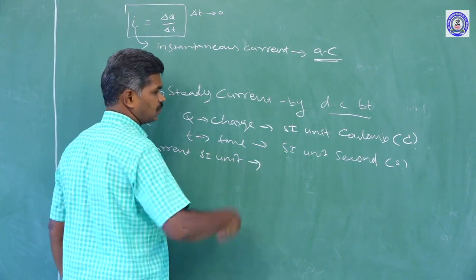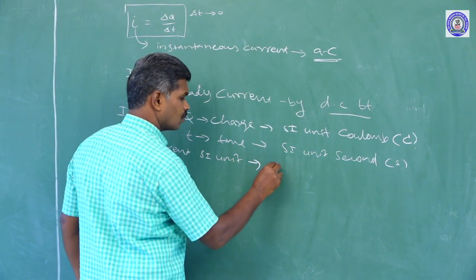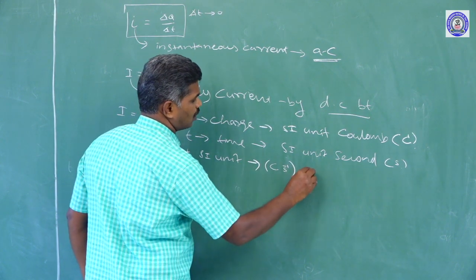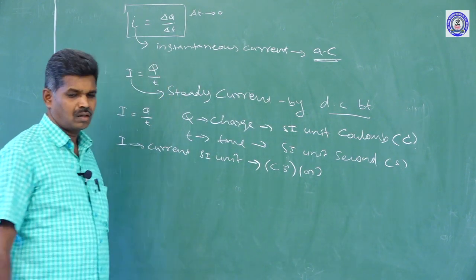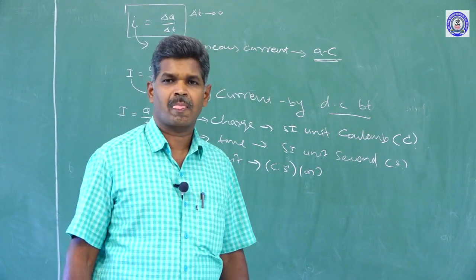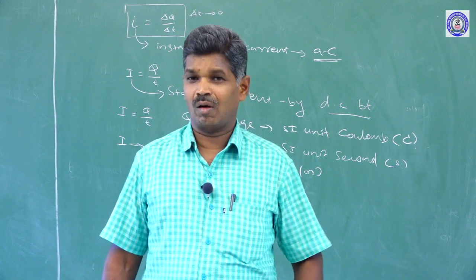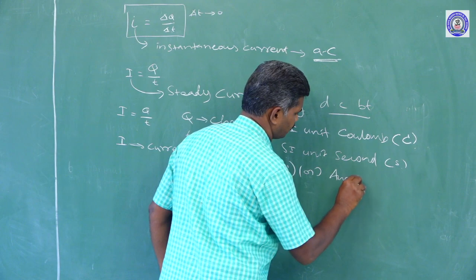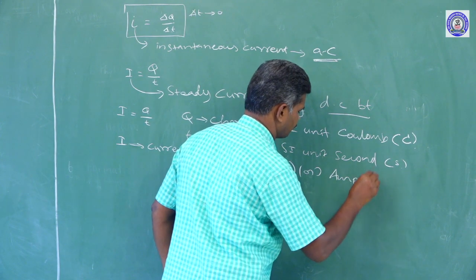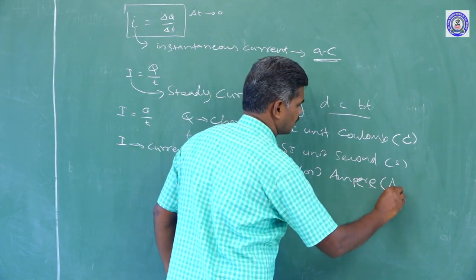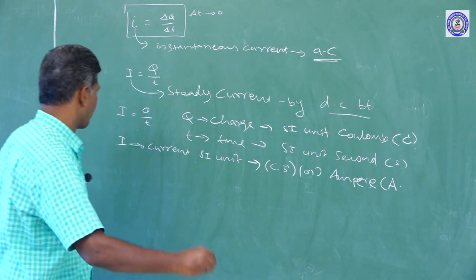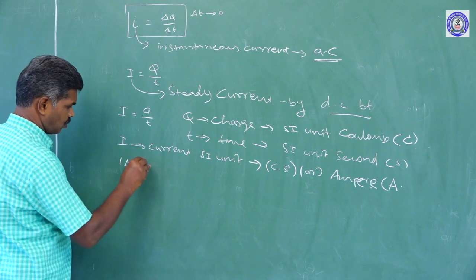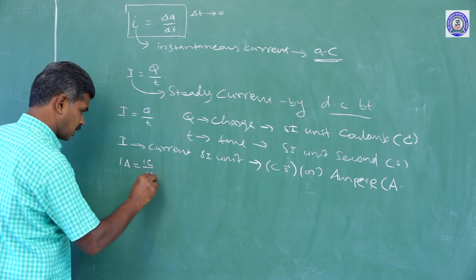can be taken based on our formula as coulomb second power minus 1, or we give that unit for current as ampere, to honor one of our scientists, simply written as capital A. That is why 1 ampere equals 1 coulomb per 1 second.